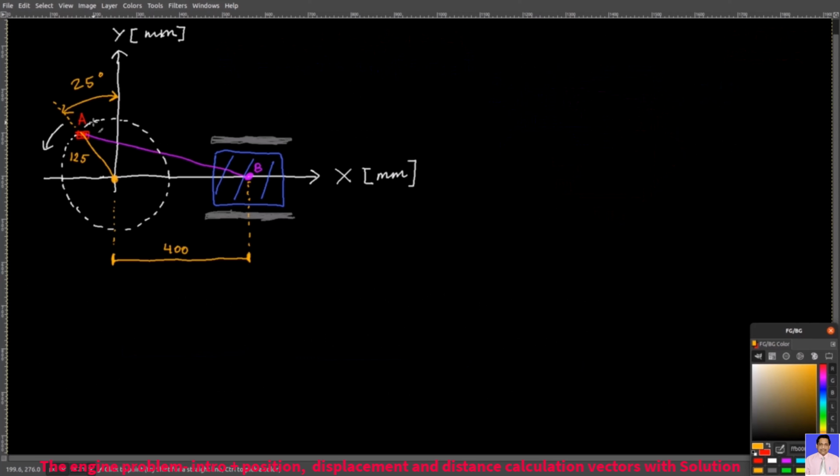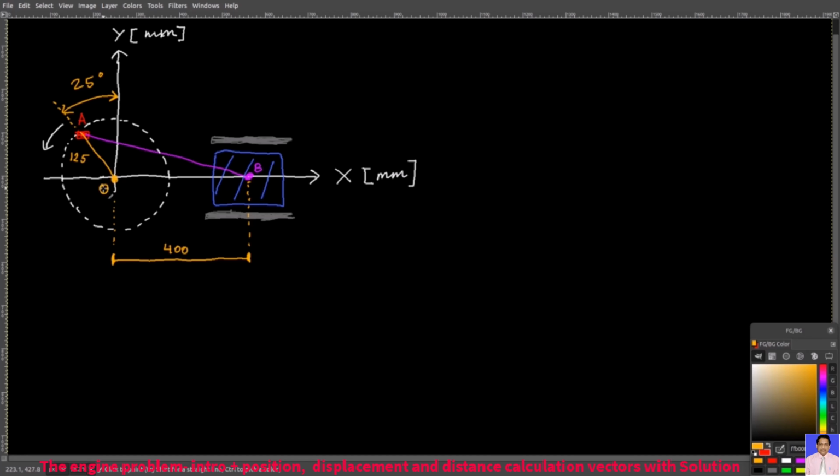So let's now calculate the length of this connecting rod using the vector principles that we discussed in the previous videos. We know that the center of rotation of this point A is here in the origin of this coordinate frame.